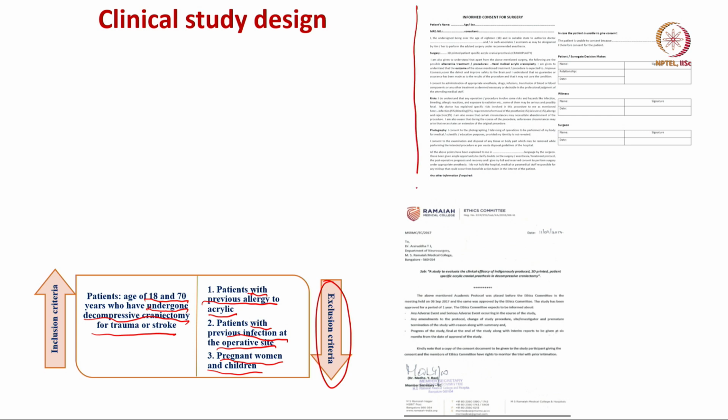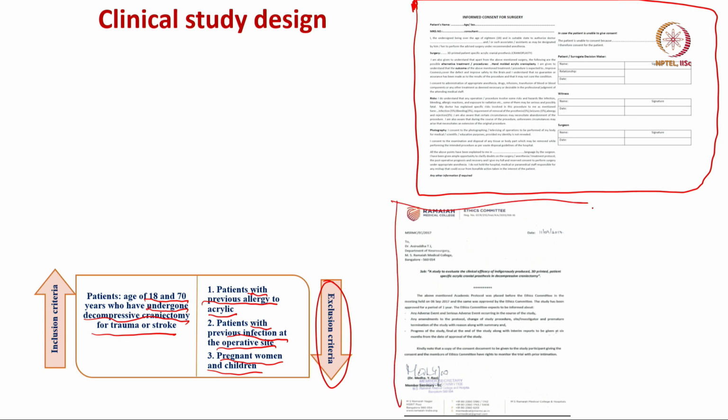There is informed consent that every patient has to fill in before going for surgery, and we have to take ethical committee approval from the hospital. This is just to show the ethical committee approvals that we have obtained.